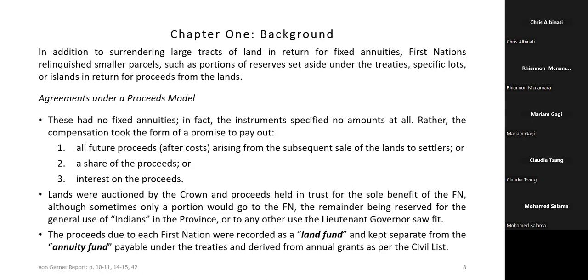The government wasn't going to sell these lands and then end up paying for the surveys. Yes, that's right. Surveys would be one of those costs. I know you talk about surveys later.